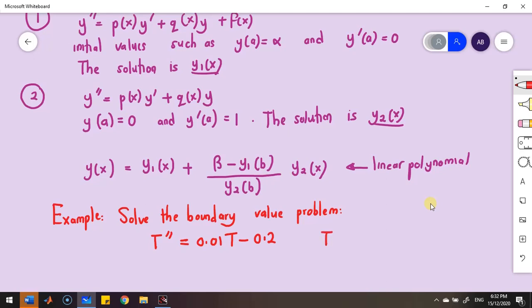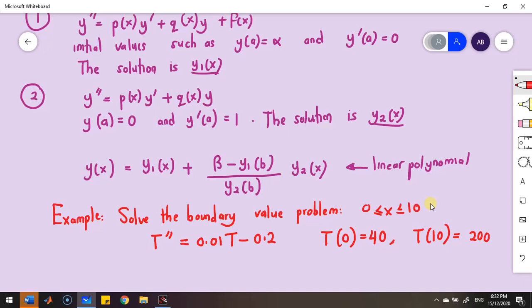We have the boundary conditions: when a is 0, the solution is 40, and when t is 10, it is 200. So I know the interval is given from 0 to 10.